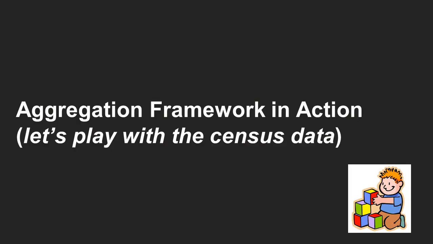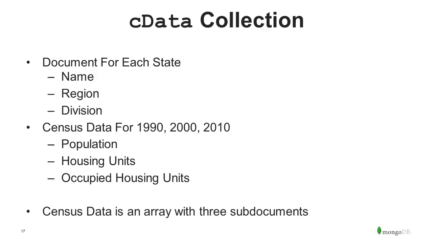Okay, so let's take a look at our sample census data and look at how some of these aggregations work. Okay, so we have a few different collections within this sample data set.